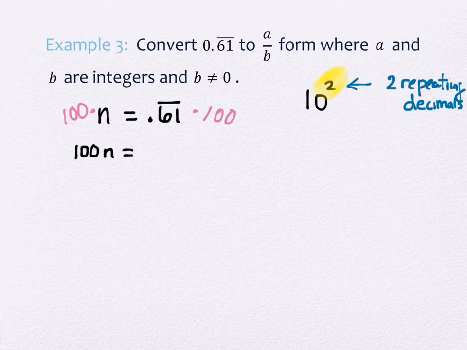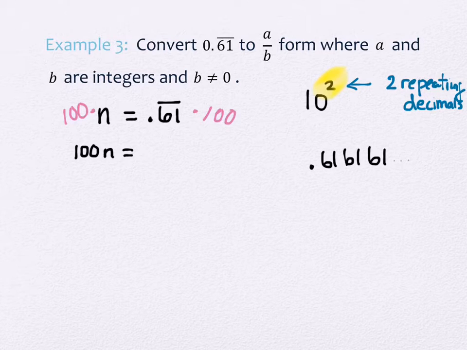The right-hand side, though, is weird. I was joking when I said it was the hard side. I did the easy side. The right-hand side looks weird. I mean, what do you do when you multiply a repeating decimal by something? Well, think about it. What does the repeating decimal really mean? It means I have 0.61, 61, 61, and it keeps going, right?